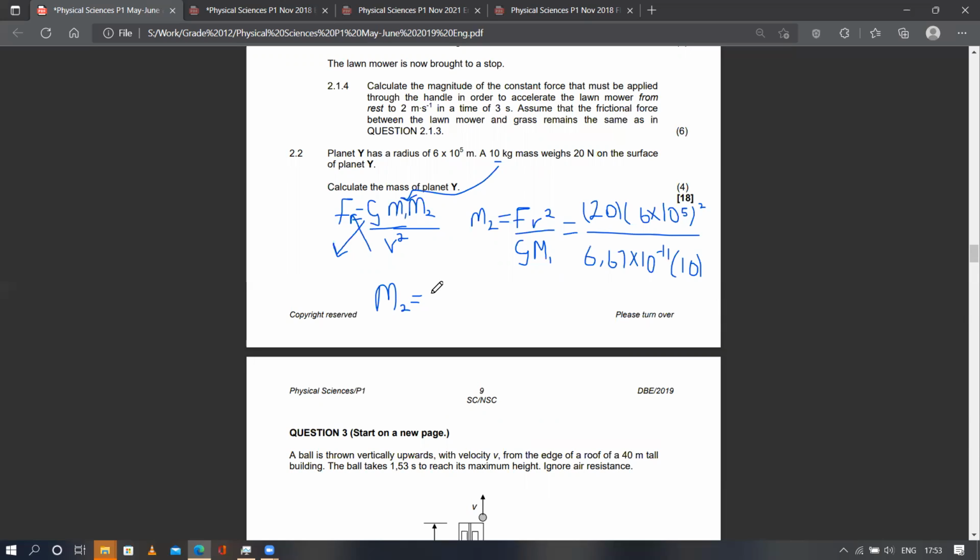Your mass is 1.08 times 10 to the exponent 22 kilograms. So that's going to be the mass of planet Y.